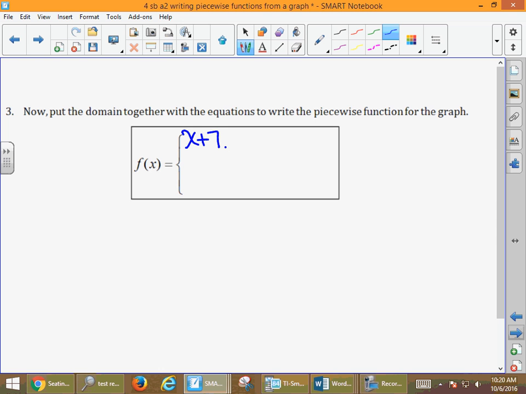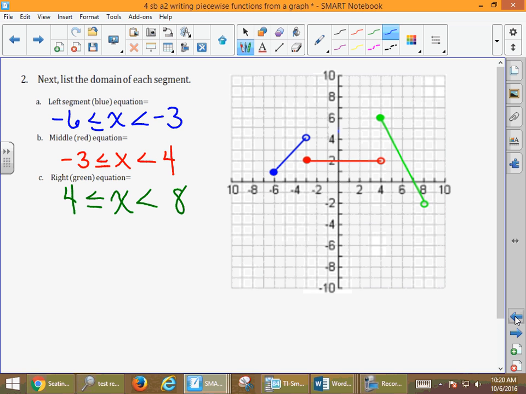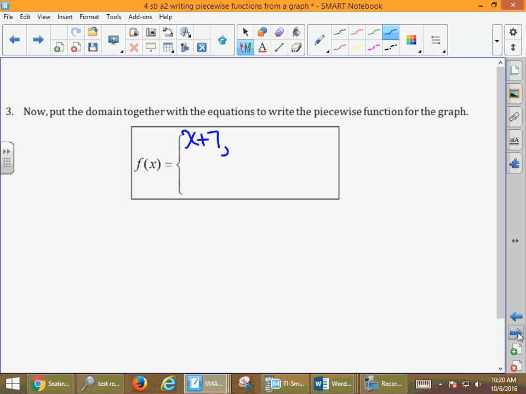And then you can write if, or you can put a comma. It doesn't make any difference. Then our domain that we just found was negative 6 is less than or equal to x is less than negative 3. There's our first piece.